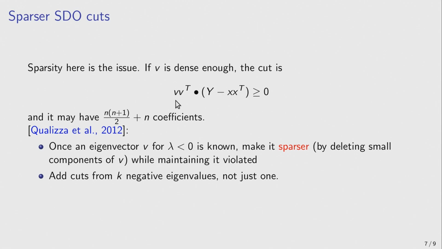If V is dense, this is a very dense matrix of constraints, up to O of n square. If your original problem had n variables, you end up with a problem that has O of n square variables, and every such cut you produce may have up to n square constraints.